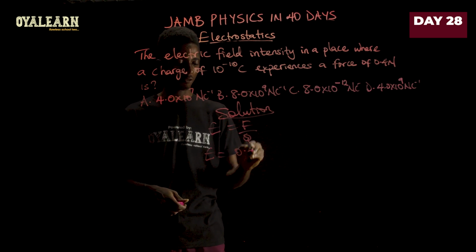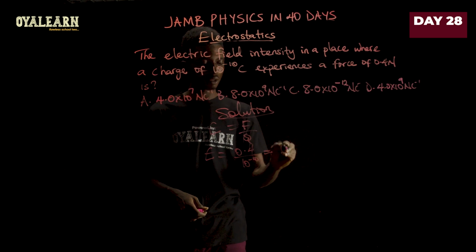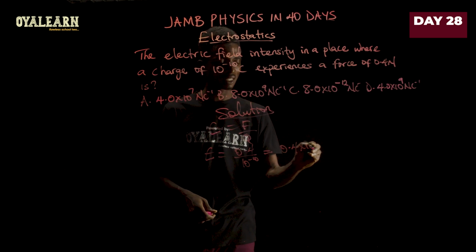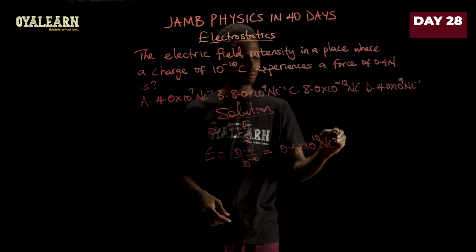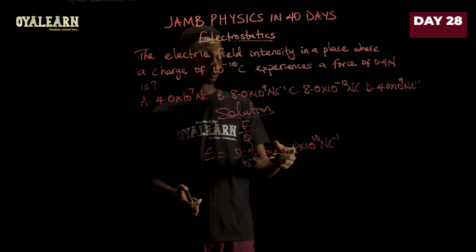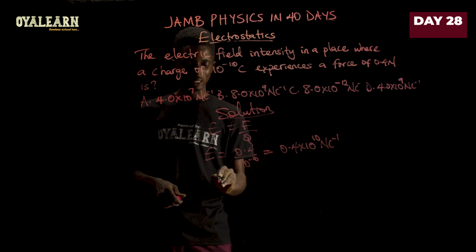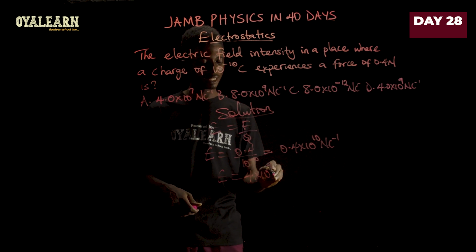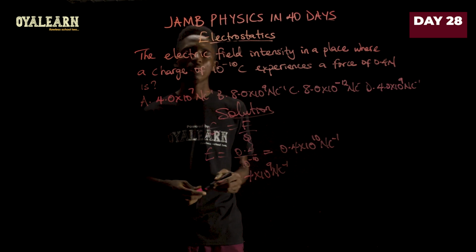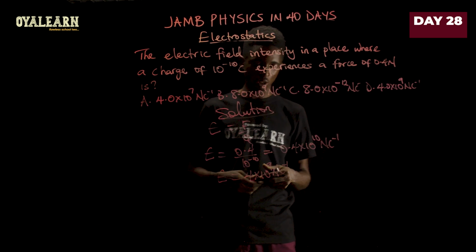So we do 0.4 divided by 10 raised to the power minus 10. Now this would give you 0.4 times 10 raised to the power 10, and this is measured in Newton per coulomb. Okay, so working with this, we can bring this forward a bit, which will reduce the power by 1. So E therefore becomes 4 times 10 raised to the power 9 Newton per coulomb. And the option that gives us this is option D. So we go with D.